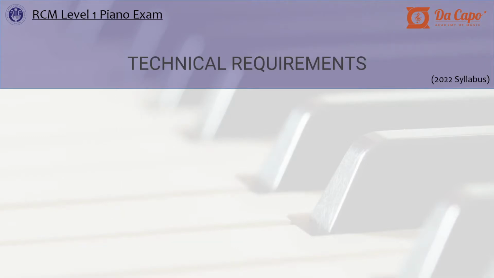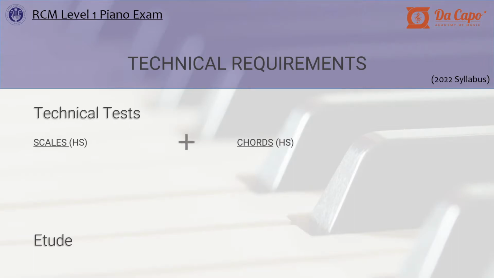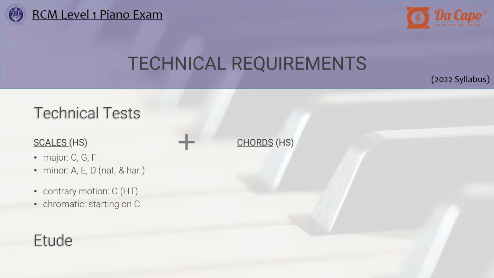for the technical requirements, we have 2 parts here. We have technical tests and we have an etude. So let's start with the technical tests. We need to learn some scales and chords here. So for the scales, we need to know 3 major scales: C major, G major, and F major.